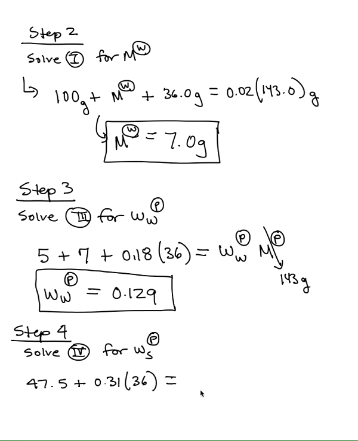And that's going to equal the mass fraction of solids in stream P times the total mass flow rate of stream P, which, as we said before, is 143 grams. And so we can solve for the mass fraction of solids in P, and it's going to equal 0.410.